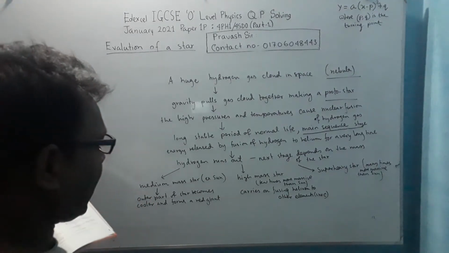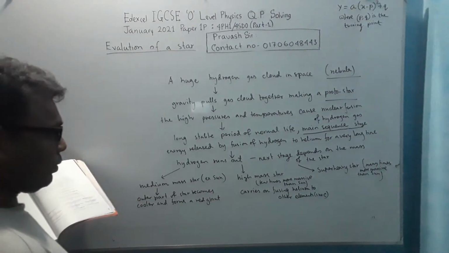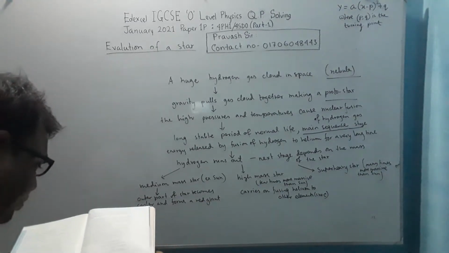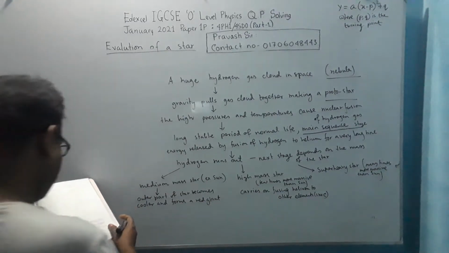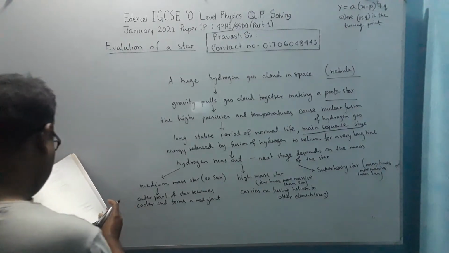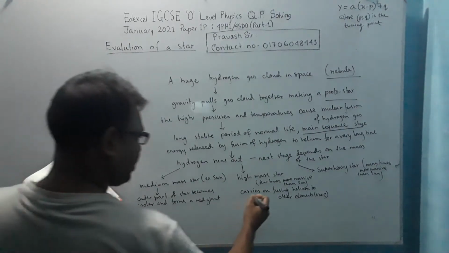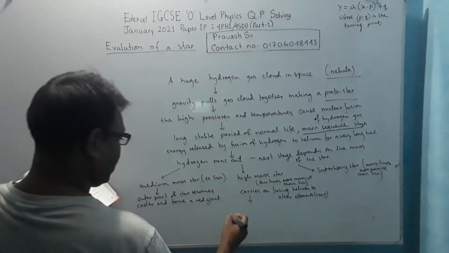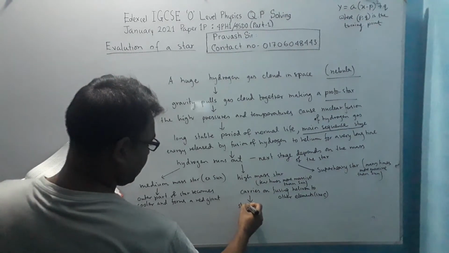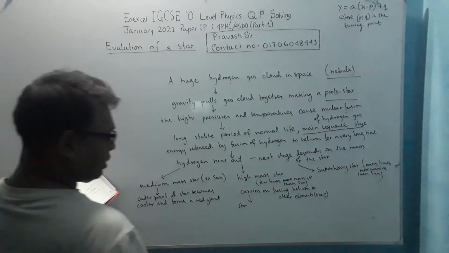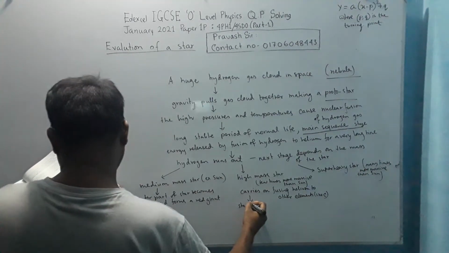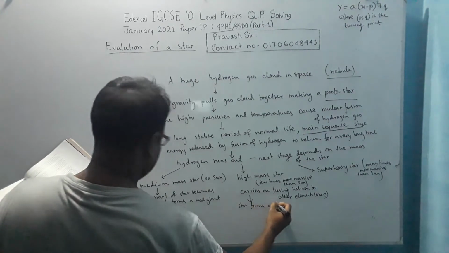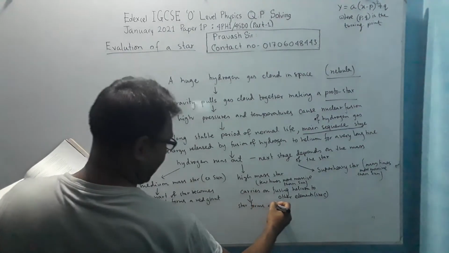But what happens in the case of a high mass star, which is a few times more massive than our Sun? That star forms a red supergiant. That is a high mass star forming a red supergiant.